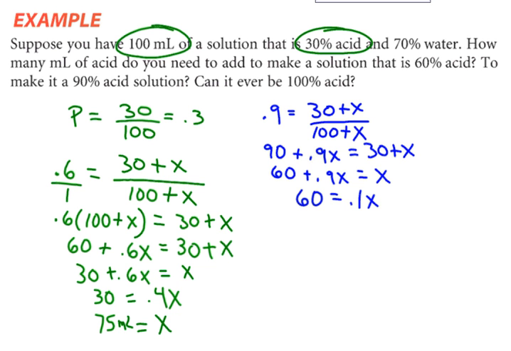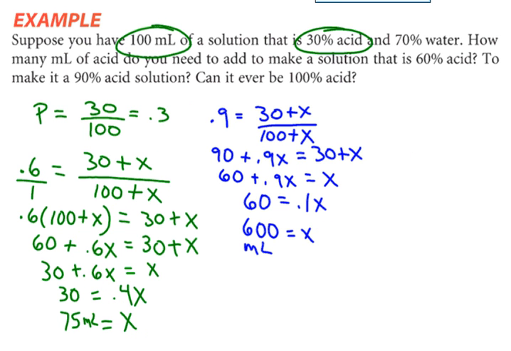Finish up by dividing both sides by 0.1, and we get X equals 600. So we have to add 600 milliliters of acid in order to make this solution 90% acidic.